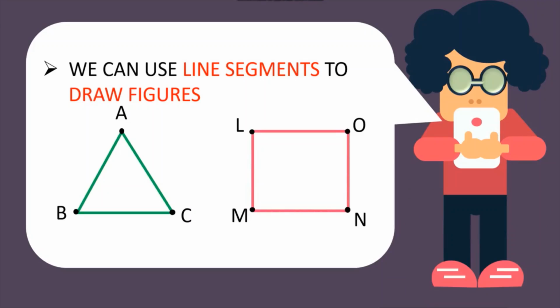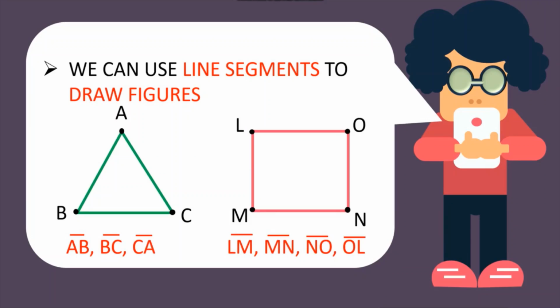See here, we have drawn a triangle, and a triangle, as you know, has three line segments. Here the line segments are AB, BC and CA. And you can see how it has been represented. The next one is a square and it has four line segments, LM, MN, NO and OL. And you have seen how it has been represented below.